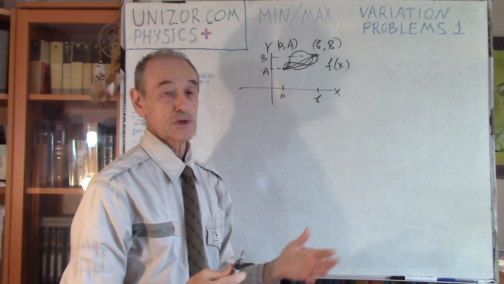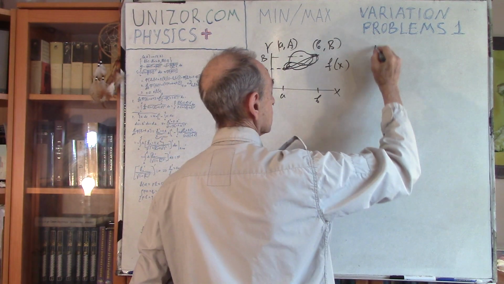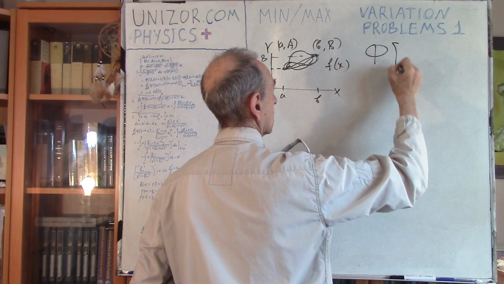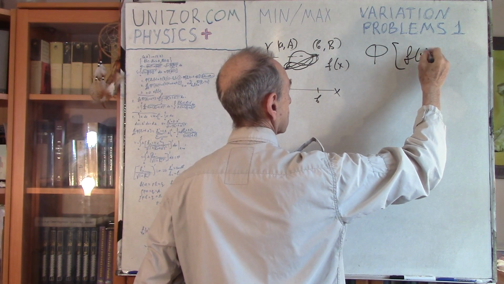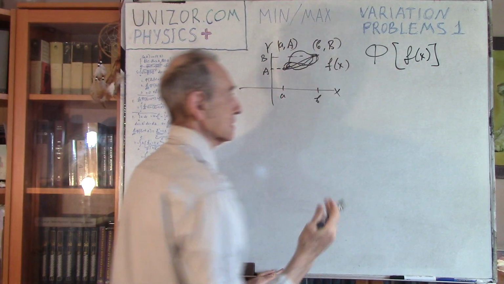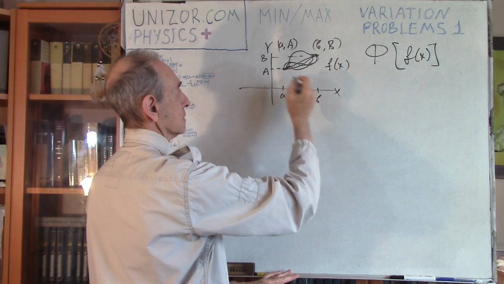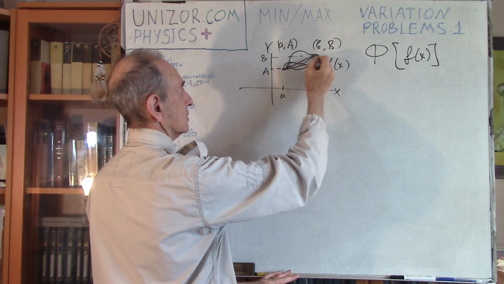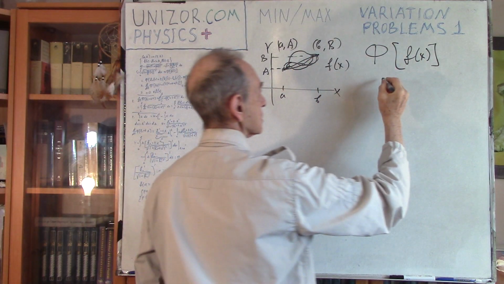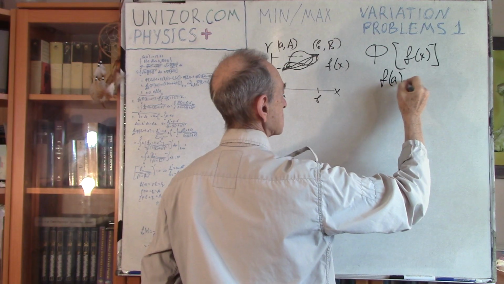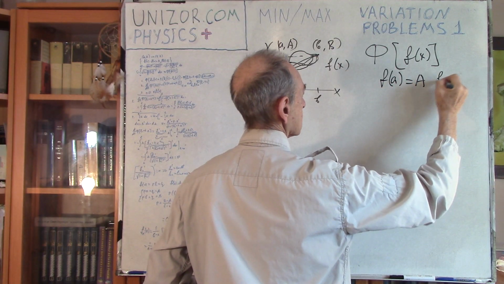So this is the functional, phi of f of x. This is the length of the curve of the function f of x, and the function is supposed to connect these points.